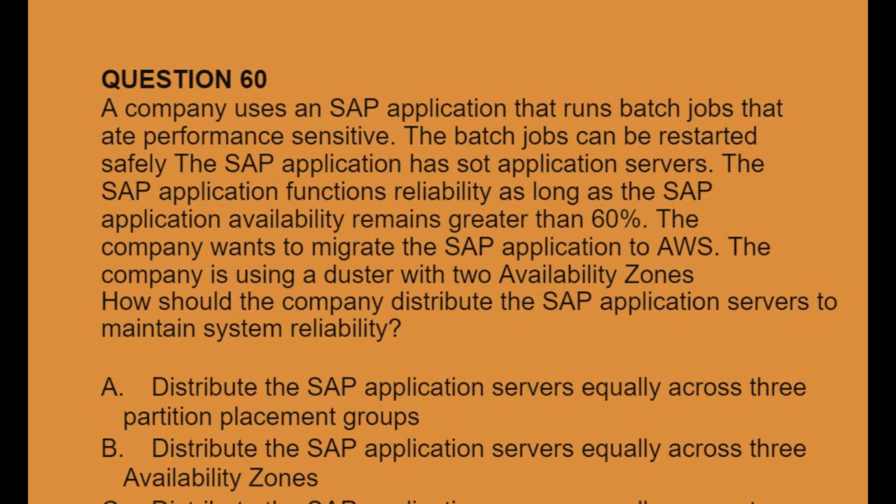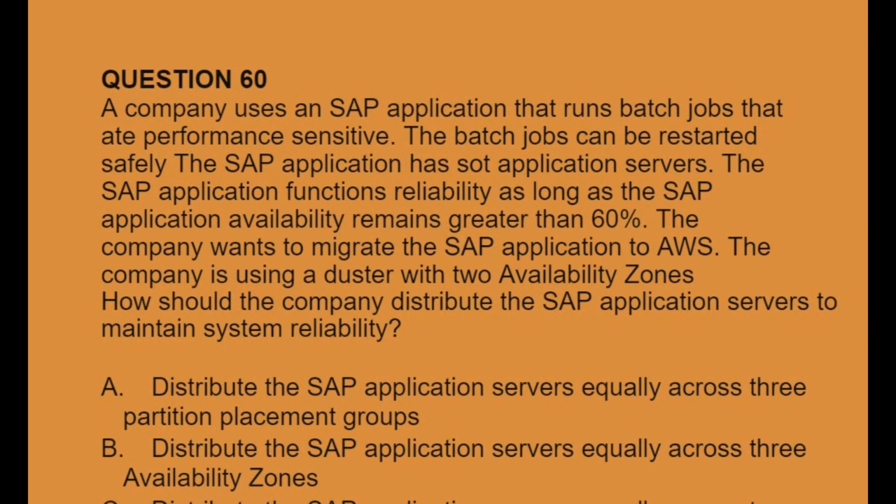Question is, a company uses an SAP solution application that runs batch jobs that are performance sensitive. The batch jobs can be restarted safely. The SAP application has multiple application servers.